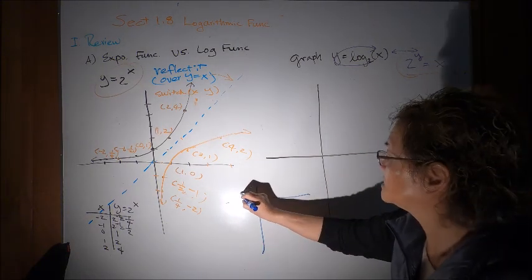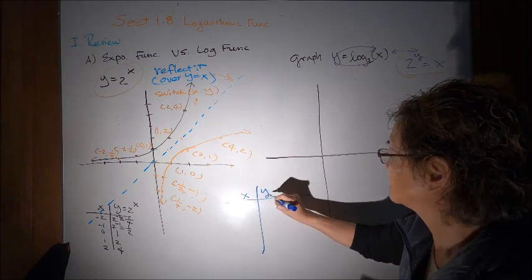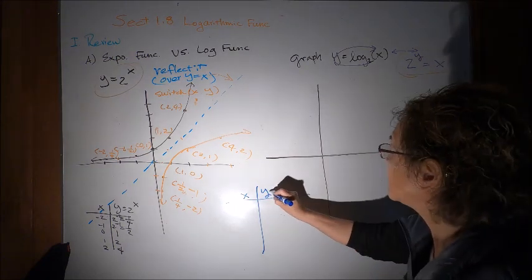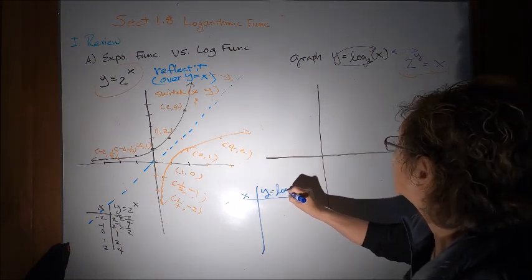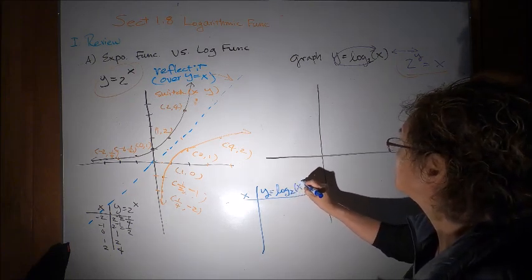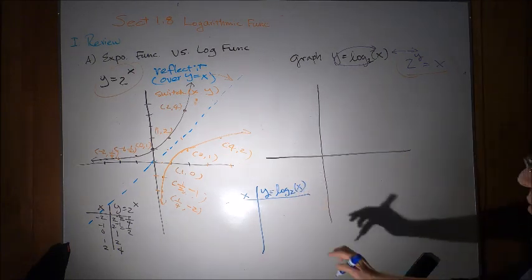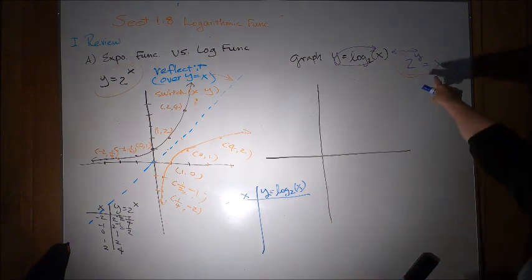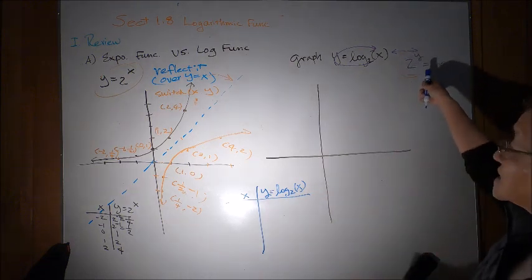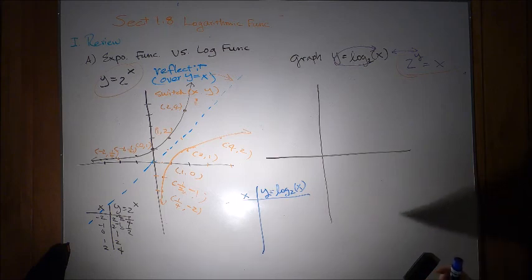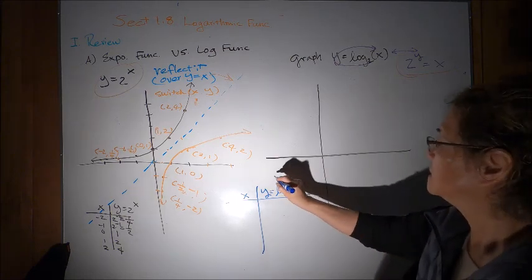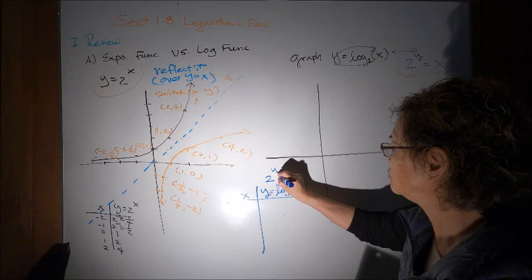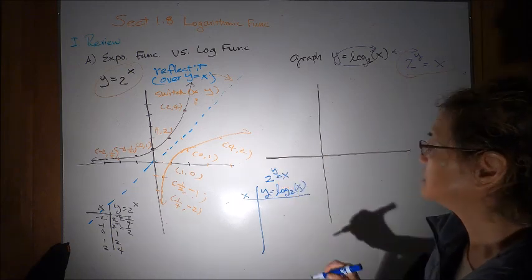That's your x, that's your y. So y is log base 2 of x. But we said we cannot see it, so we have to rewrite it as an exponential equation. Then it means 2 to the y equals x.